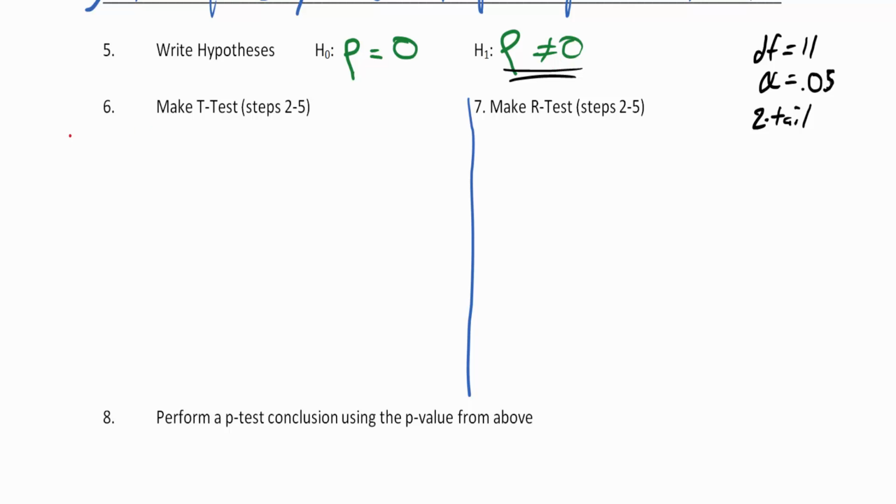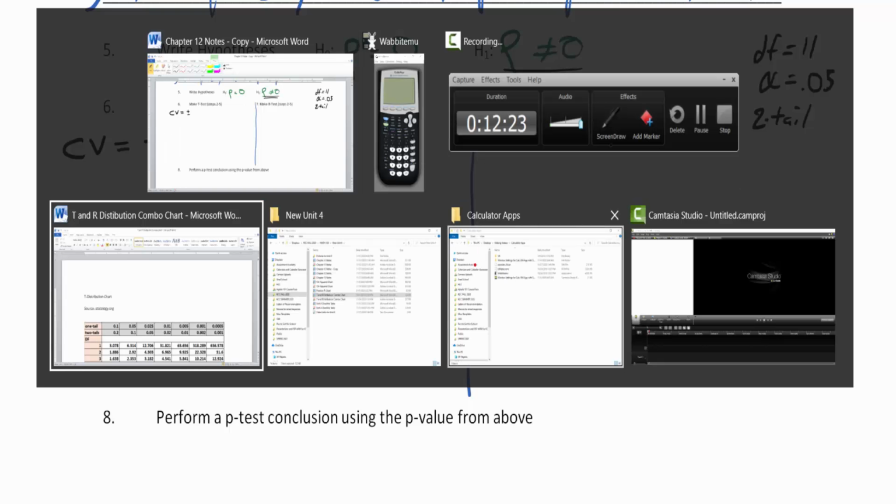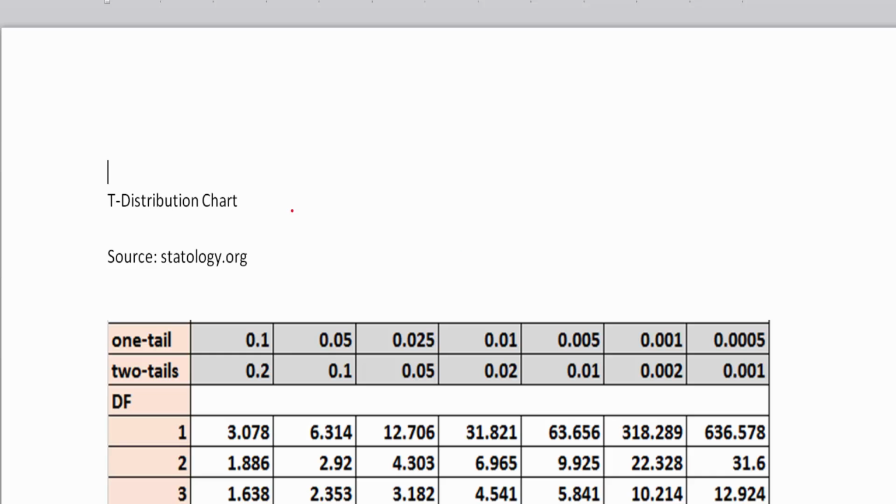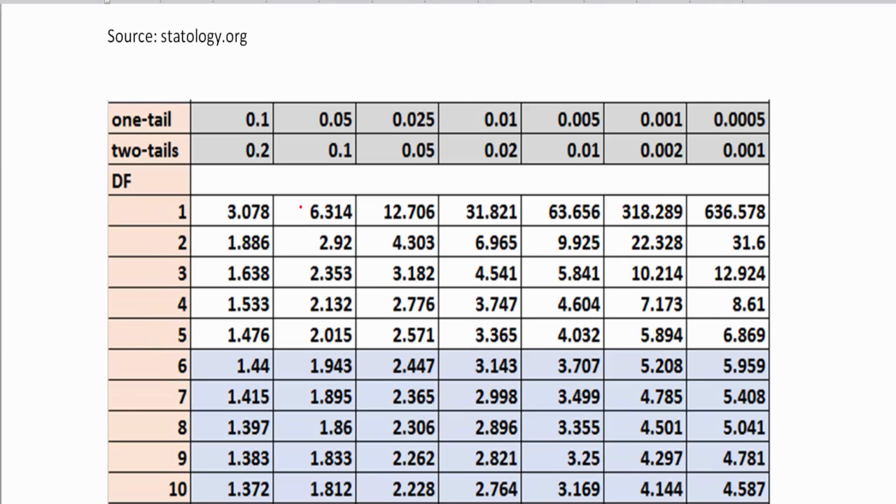So what we're going to do in step 2 is find our critical value from the t-chart. Okay, so our critical value from the t-chart is going to be plus or minus our degrees of freedom of 11 at a two-tail 5%. So let's go to our t-chart. Boop. And here we are at the t-chart. Okay, I'm going to scroll down, get my highlighter out, because that's the best way to highlight what we're doing here.